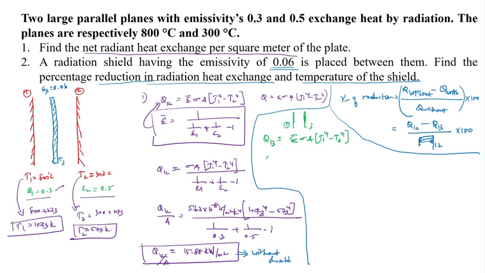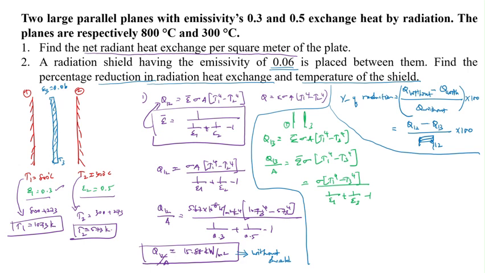So Q123 divided by A is epsilon bar into sigma into T1 to the power of 4 minus T3 to the power of 4, which can again be written as sigma into T1 to the power of 4 minus T3 to the power of 4, divided by 1 over epsilon 1 plus 1 over epsilon 3 minus 1.